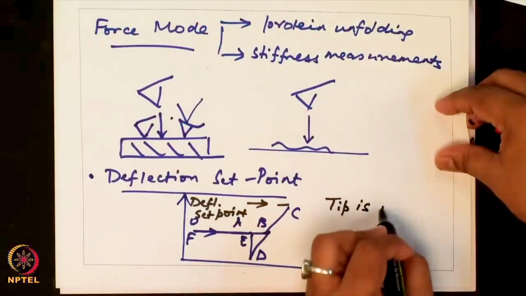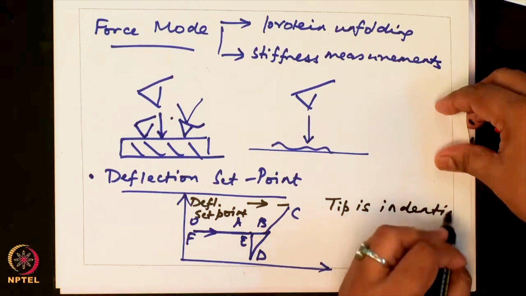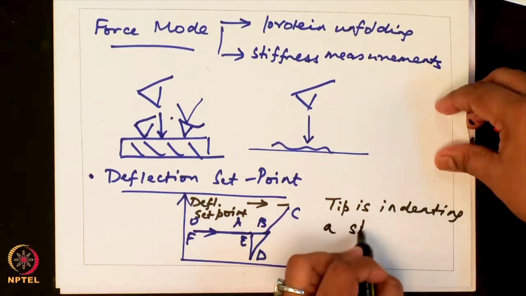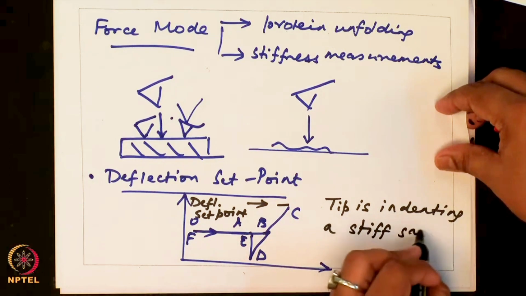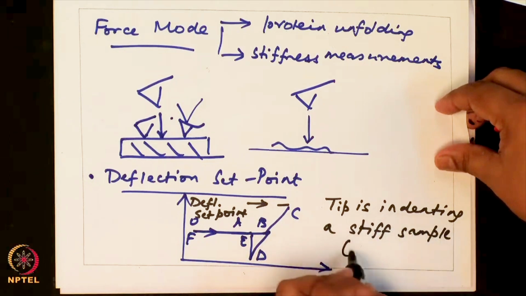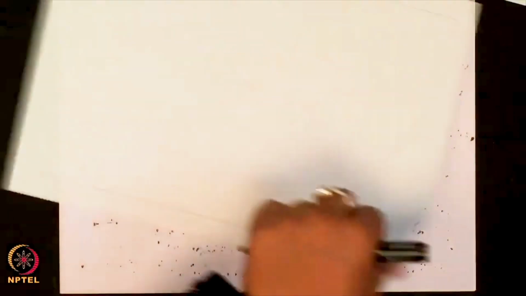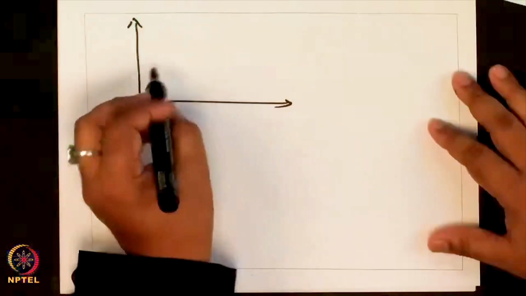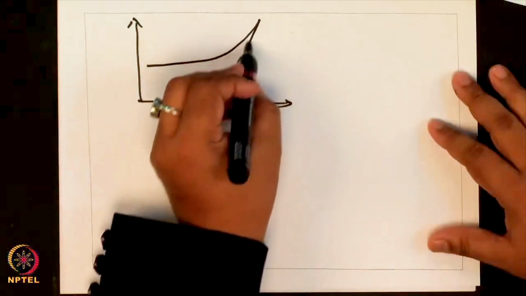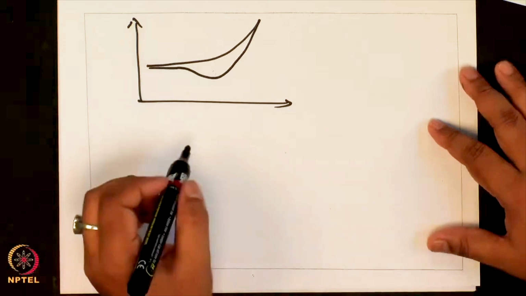So, this is how the curve will look if a tip is indenting a stiff sample like glass. Okay. So, what you do in force mode, okay, if you probe a soft sample, you will get a curve like, okay.